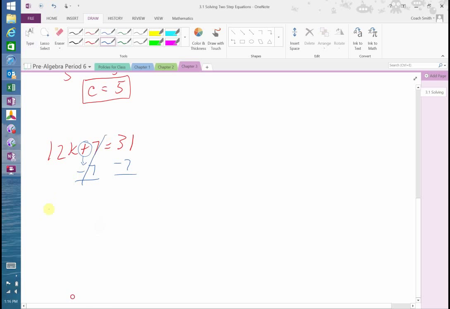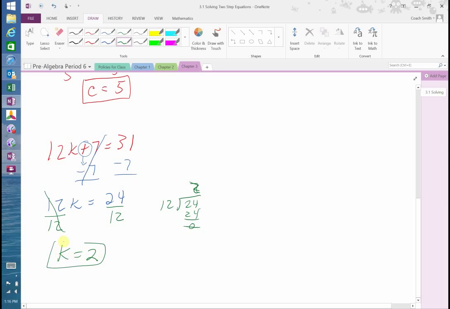Cancels here, leaving me 12k equals 24. Now to solve that, we divide by 12, divide by 12. 31 minus 7, right here. K is equal to, so we're dividing 12 into 24, which goes 2 times. That'd be 24, 0. So K is equal to 2.